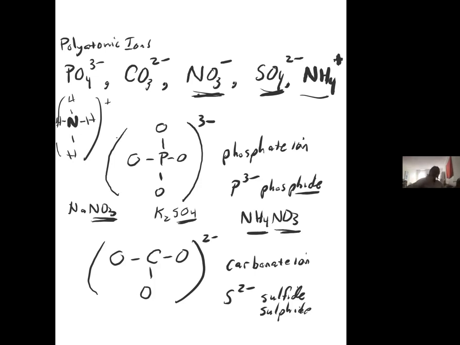But they break up as ions, right? So NH4NO3, when you put it into water, breaks up into ions just like this, polyatomic ions. So the atoms don't disassociate from each other, right? This nitrogen stays stuck with the hydrogens.